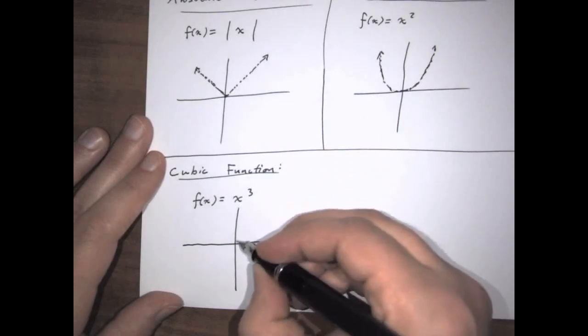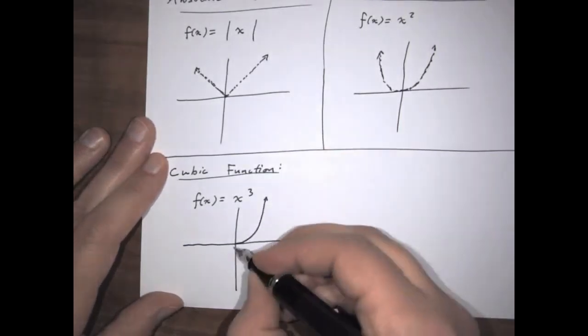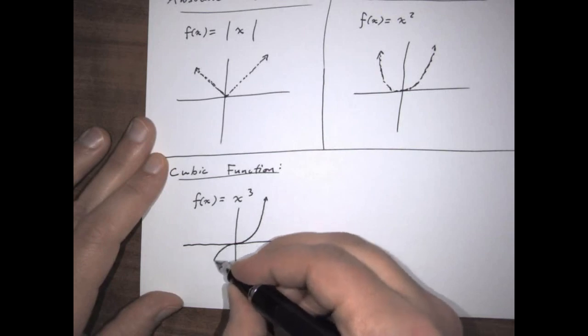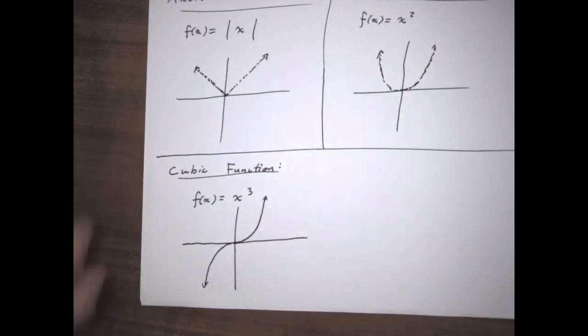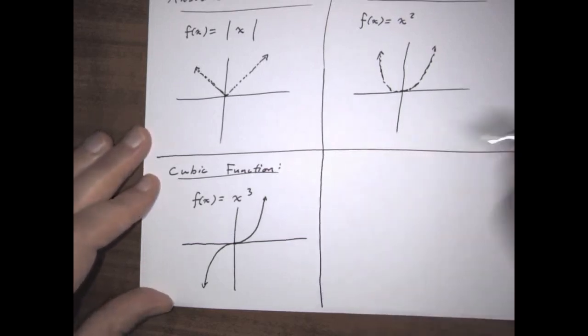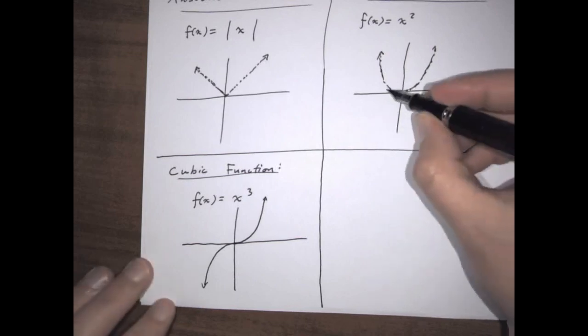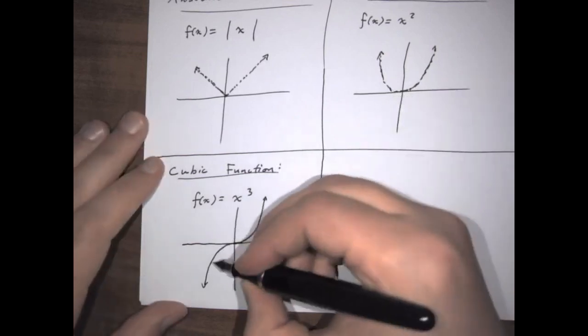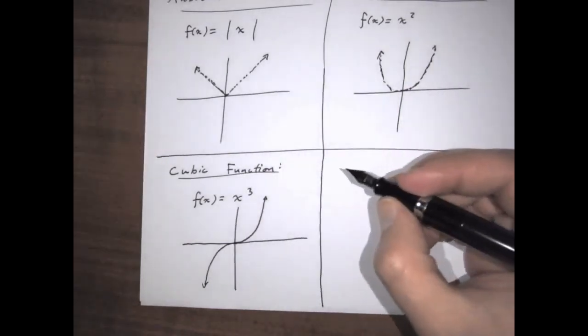So it looks a lot like the parabola, except that when you put in a negative value, you get a negative answer. So it's got one side up, one side down. That's the big difference between even versus odd for exponents: even powers always produce positive answers. Odd powers produce positive on one side, negative on the other.